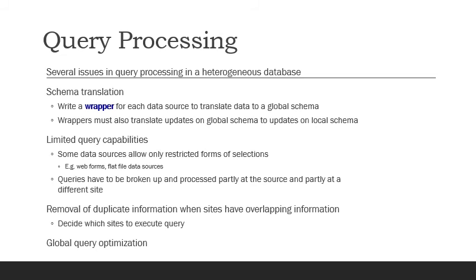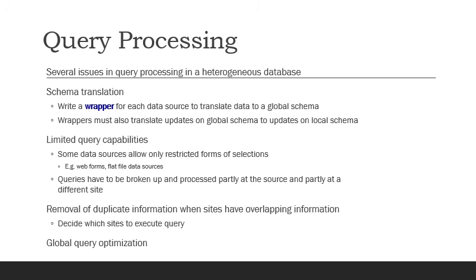Answers retrieved from the sites may have to be processed to remove duplicates. Suppose one site contains account tuples satisfying the selection balance less than 100, while another contains account tuples satisfying balance greater than 50. A query on the entire account relation would require access to both sites and removal of duplicate answers resulting from tuples with balance between 50 and 100, which are replicated at both sites.